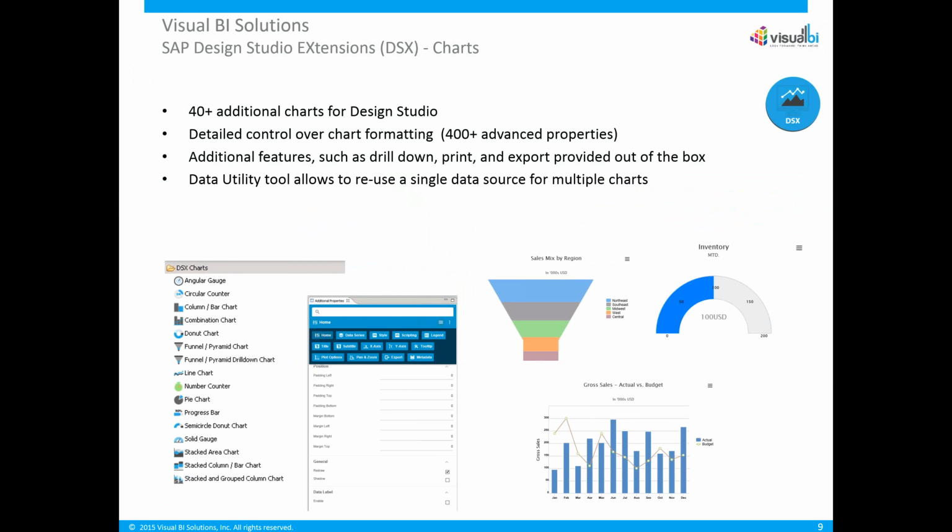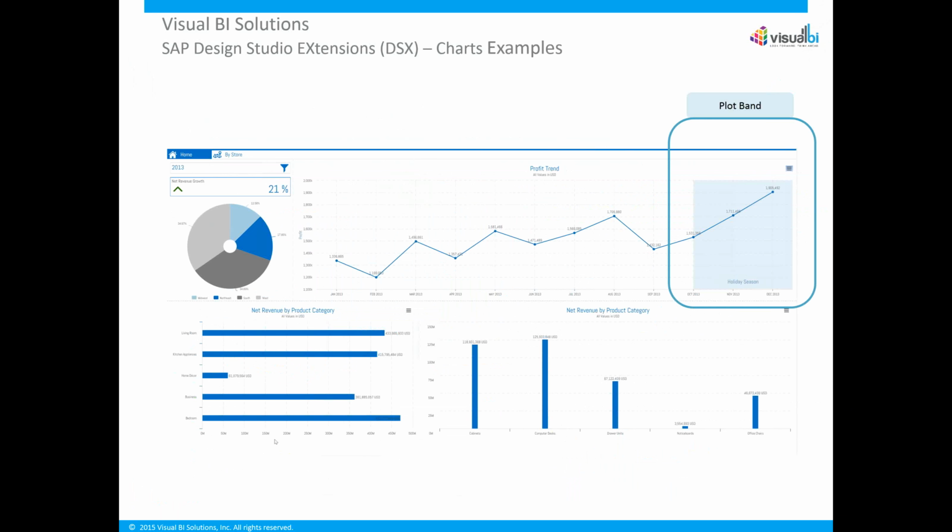And as I mentioned before, our data utility tool allows you to reuse multiple sources across the charts, which helps with the performance. Here's an example dashboard which shows one of the features, which is a plot band. Think about you have perhaps seasonal products, or you're looking at actual versus budget, and perhaps you want to highlight the forecast in the dashboard, which can easily be done with a plot band.